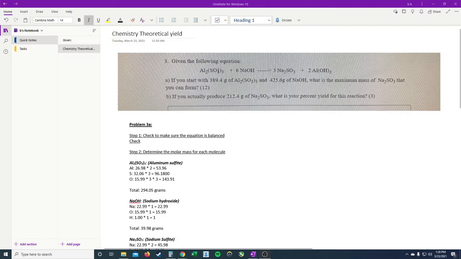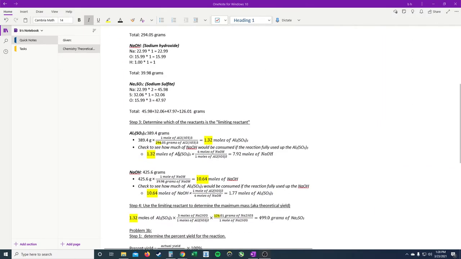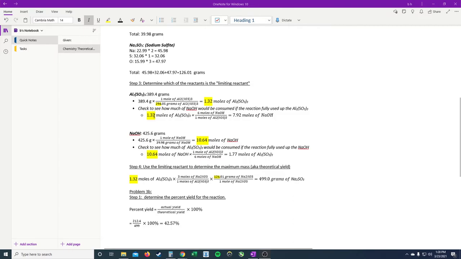You need 1 aluminum sulfite per 6 sodium hydroxide, and you yield 3 sodium sulfite and 2 aluminum hydroxide, theoretically. So once you multiply that out, you get 7.92 moles of sodium hydroxide, which would be used if it follows the equation perfectly.